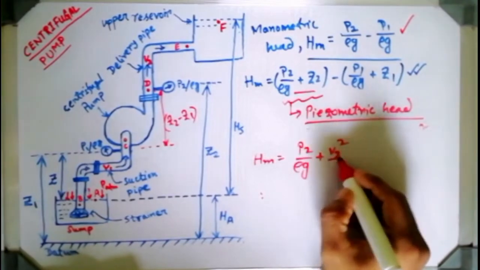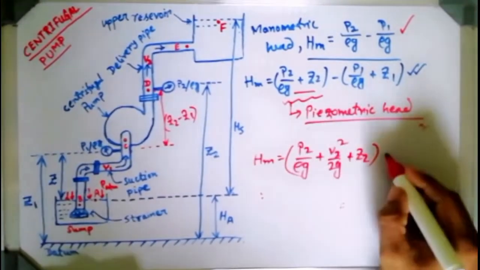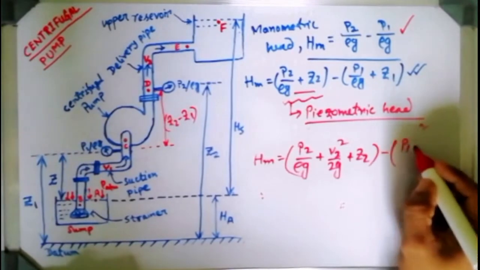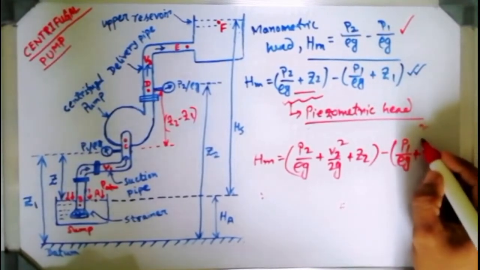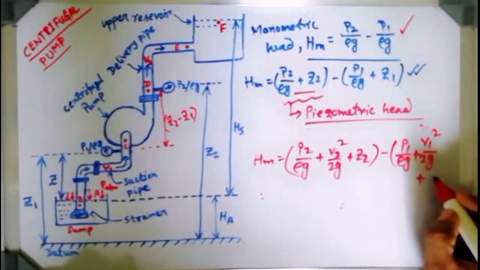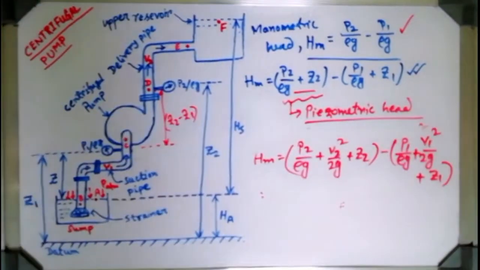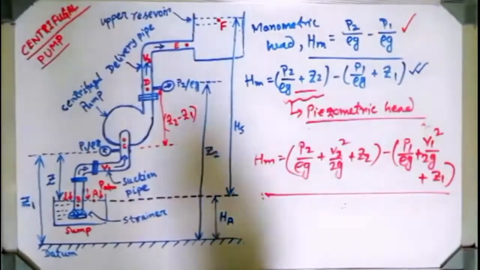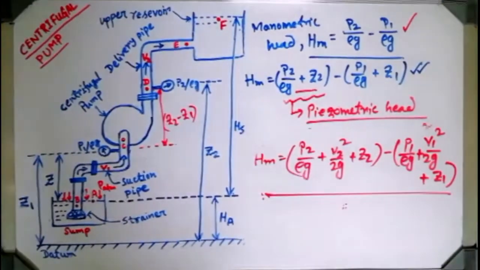I haven't told you ever that you have to neglect them. But for simplification purposes, some parameters are most of the time ignored if they are not putting any heavy impact on the expression. Otherwise, this will be the accurate or actual expression for the manometric head.